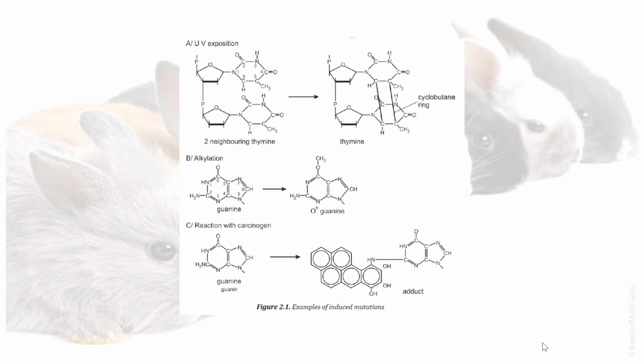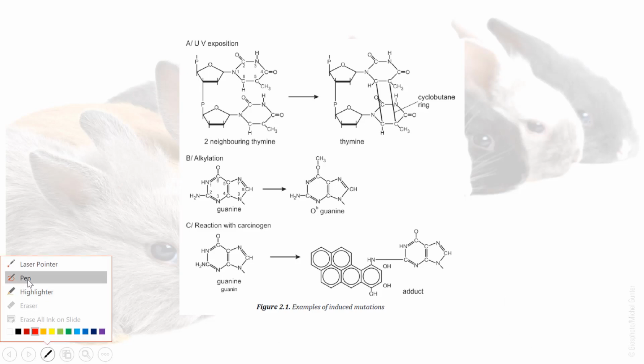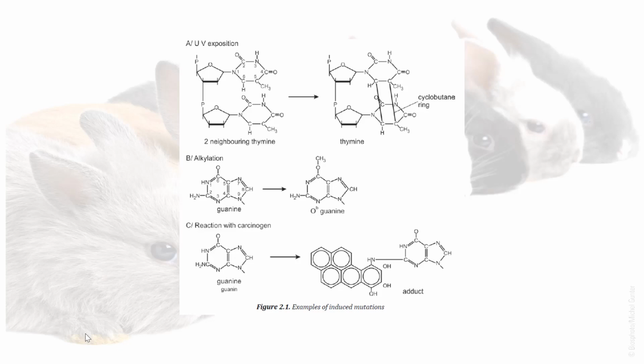Alkylation is the attachment of a methyl group to the oxygen attached to carbon 6. If we take a look here, here is carbon 6 on this guanine, here's the oxygen attached to it, and here's the methyl group that has been added during this alkylation.